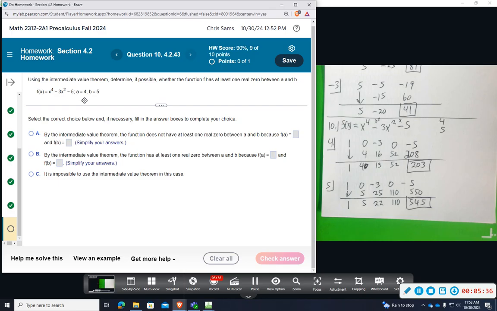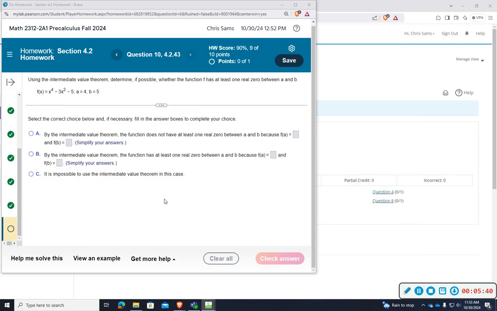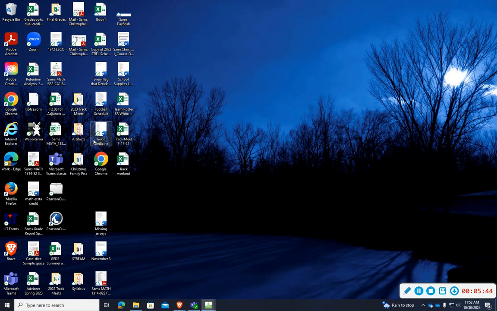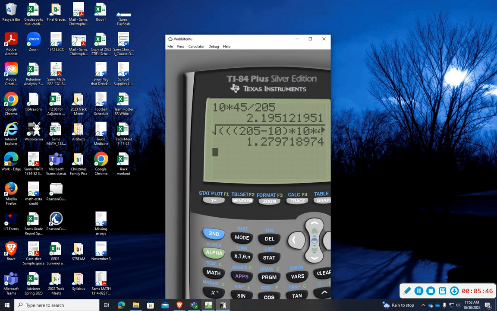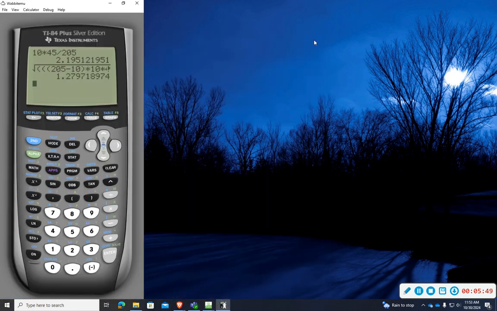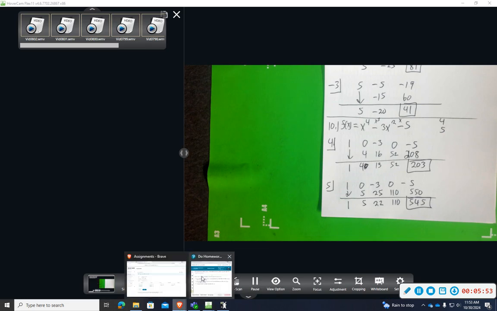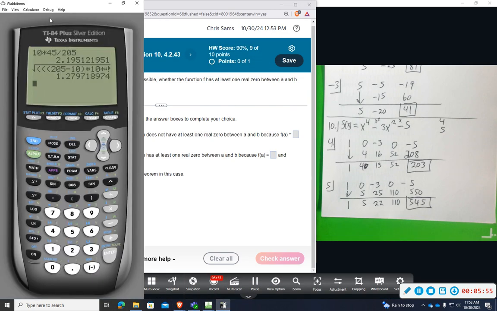Now, one other neat thing I will show you is if you have a graphing calculator, you can get those answers really quickly and check it pretty easily. I'm going to show this with the graphing calculator, and you can confirm these results.